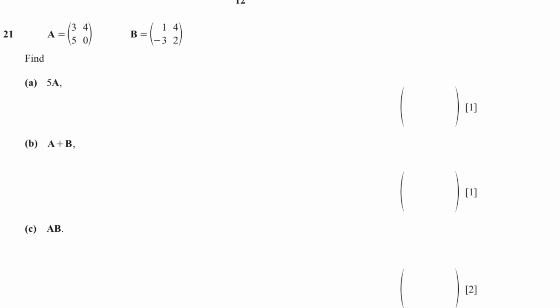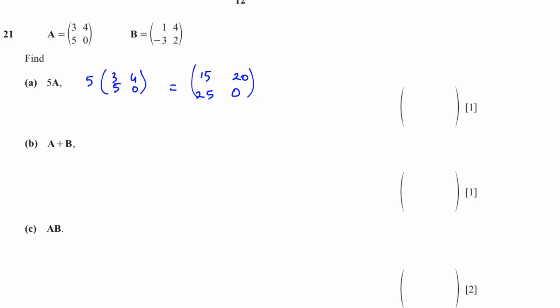Question number 21 is a matrix question, and the first one is 5A. So you multiply by 5 each term which you have. You will write it like 5, 3, 5, 4, 0. 5 times 3, 15. 5 times 4, 20. 25, and 5 times 0 is going to give you 0.